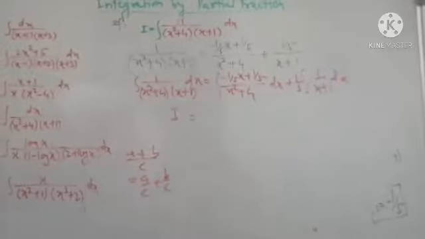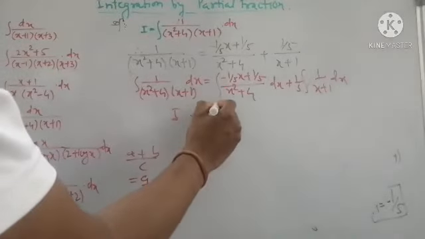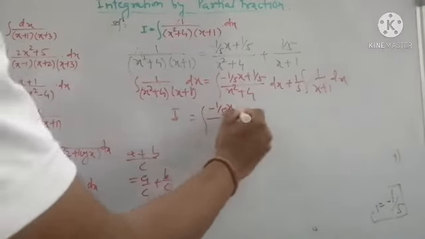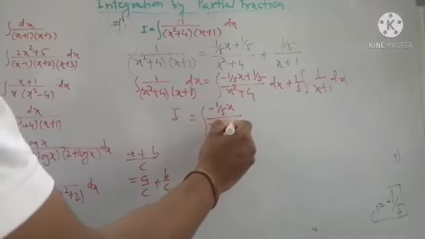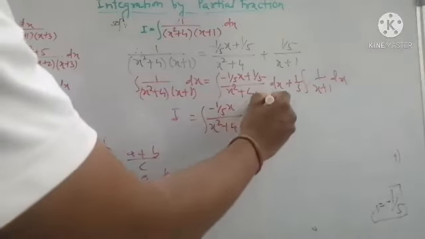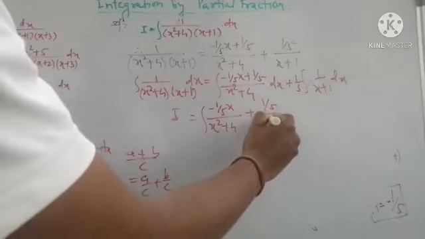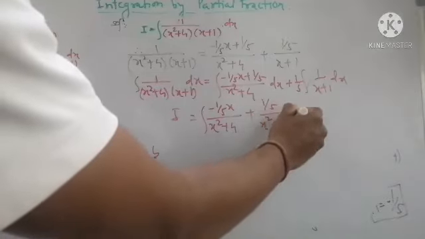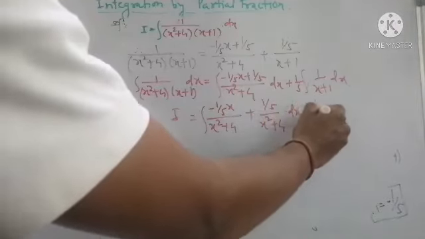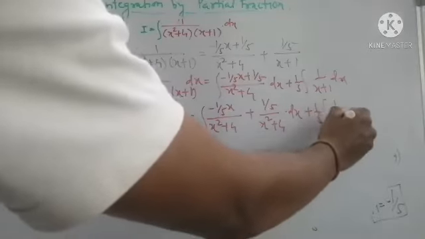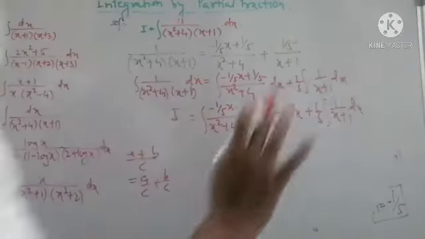Similarly, addition is there, so we can simplify this as -1/5 x as the numerator of the first term with denominator x square plus 4, plus the second term with numerator 1/5 and denominator x square plus 4, into dx, plus 1/5 into the integration of 1 upon x plus 1 dx. We take it as it is.